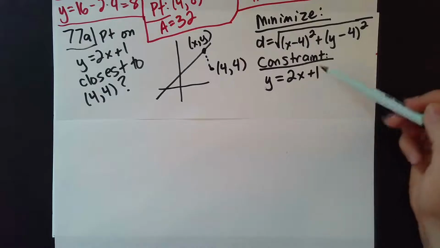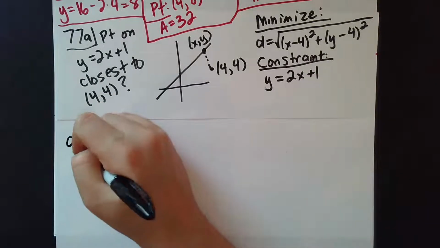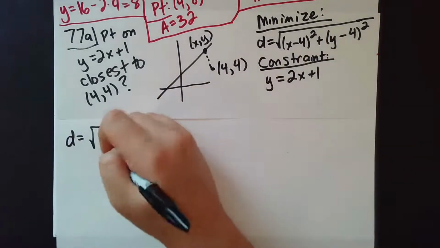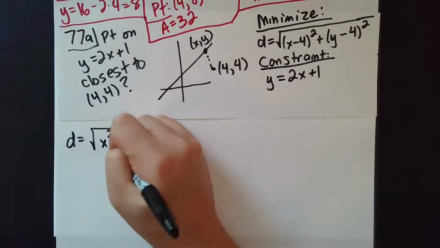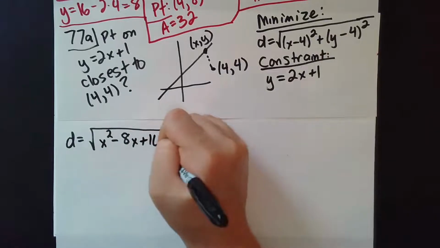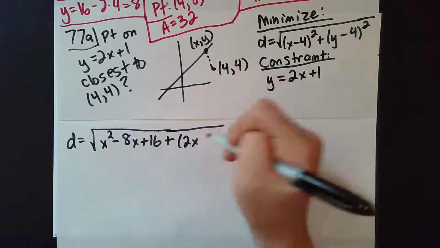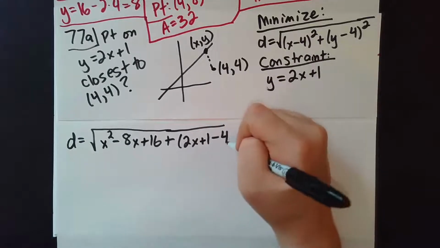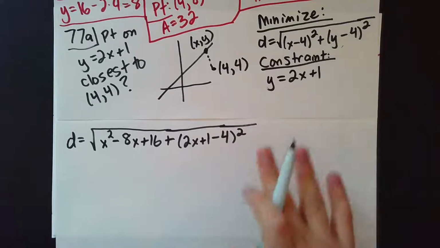Okay, so I have to plug 2x plus 1 here into this formula. So that will give me d is equal to the square root of x minus 4 squared. I'm just going to go ahead and FOIL out while I am doing this. So that is x squared minus 8x plus 16 plus 2x plus 1 minus 4 squared, because I put in that value for y.